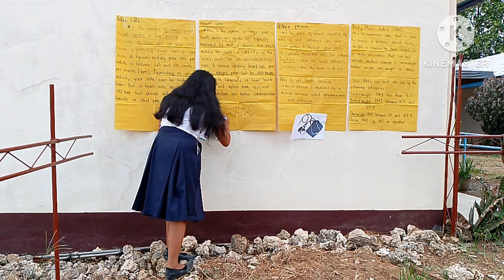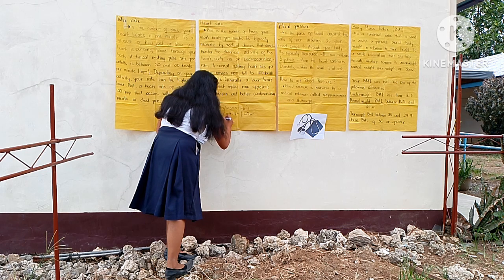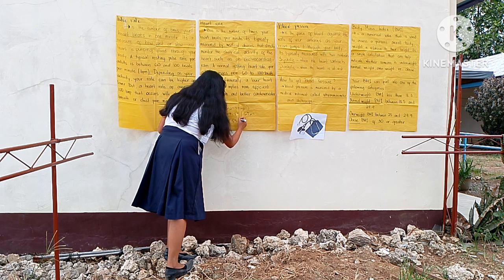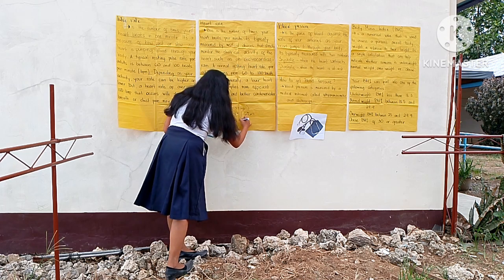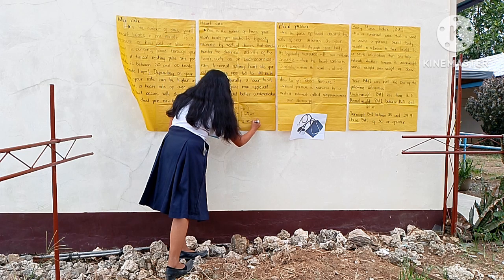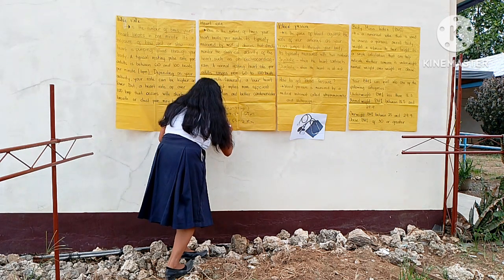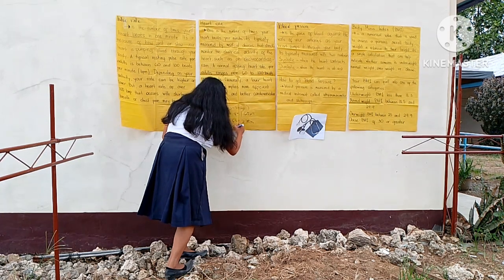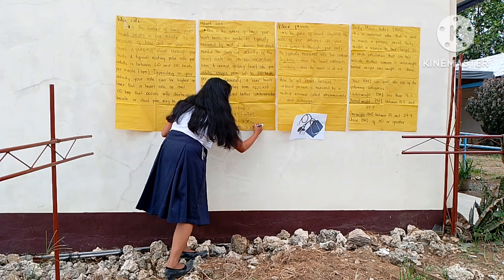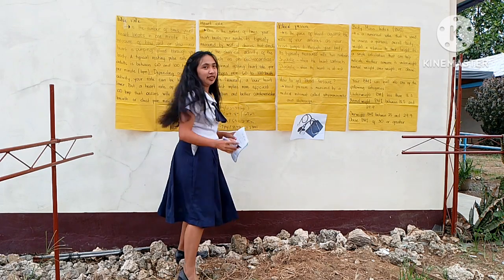Then 1.65 times 1.65 equals 2.72 square meters. 59 kilograms divided by 2.72 equals 21.7 BMI. That's all.